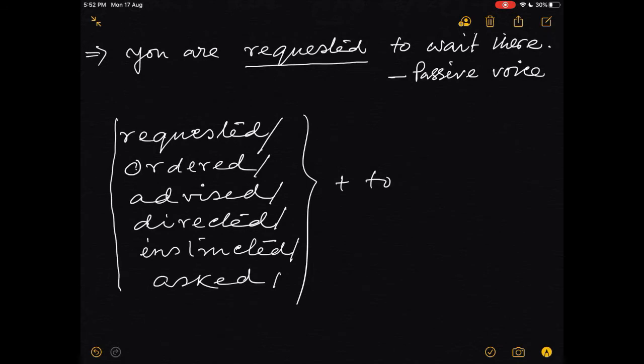Okay. So when the sentence is a request, use this. When the sentence is an order, use this. If the sentence is an advice, use this. If it is a direction, use directed. If it is an instruction, then use instructed.